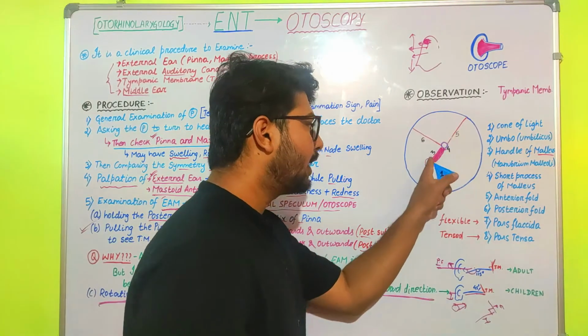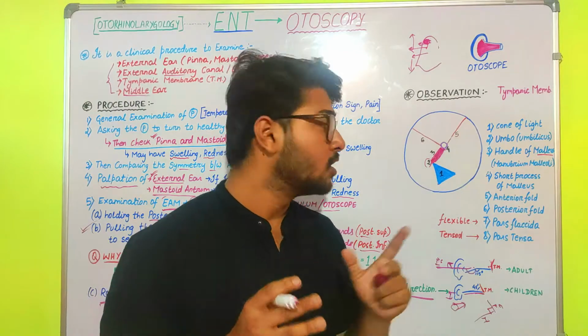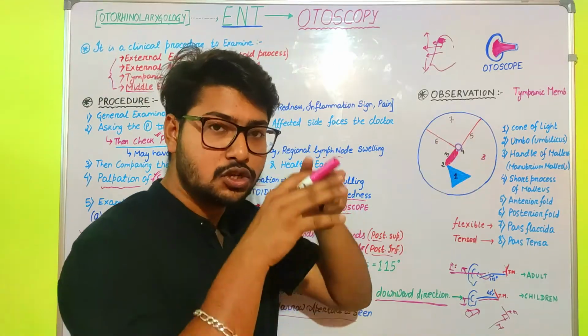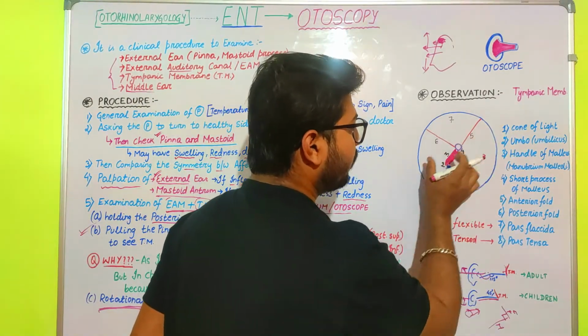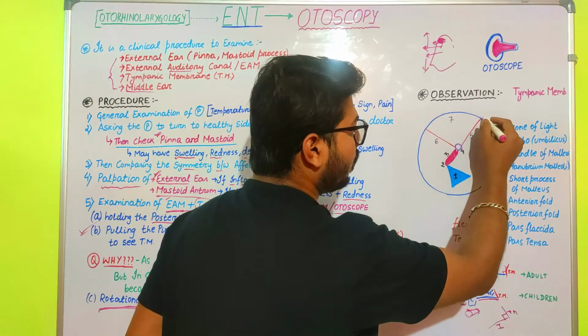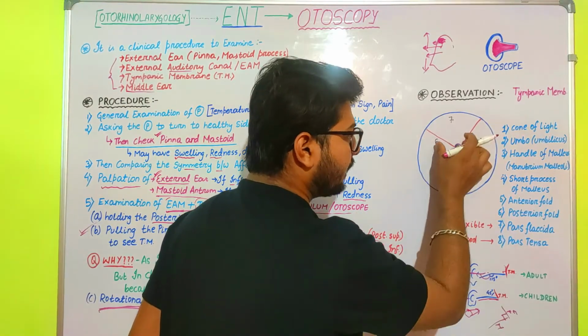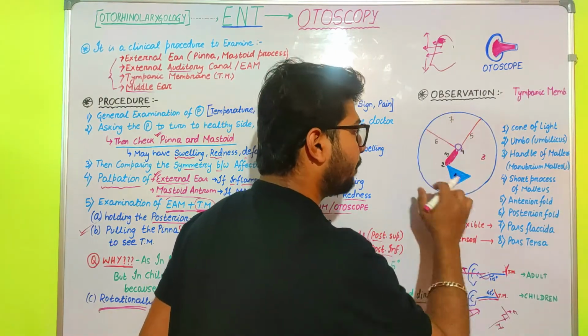So 3 represents the handle of the malleus and 4 represents the short process of the malleus. To the short process of the malleus there are two folds, or plicae: one called the anterior fold and the other called the posterior fold. These differentiate the two most important parts of the tympanic membrane.